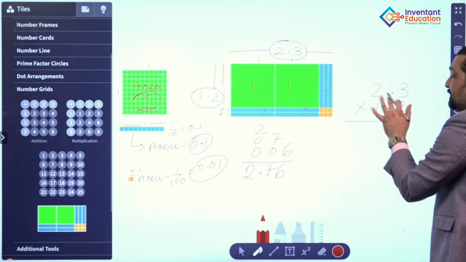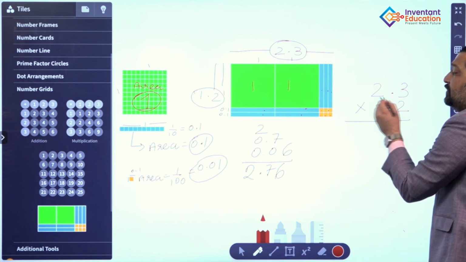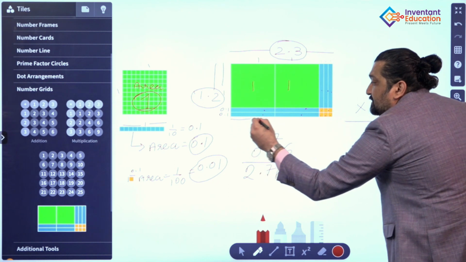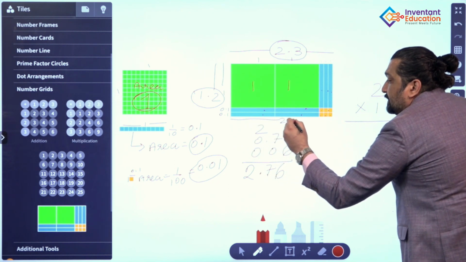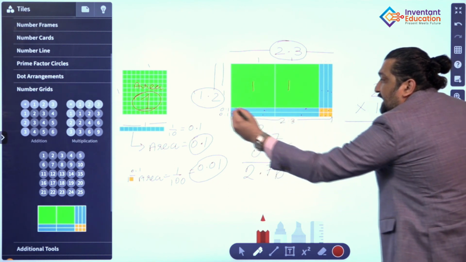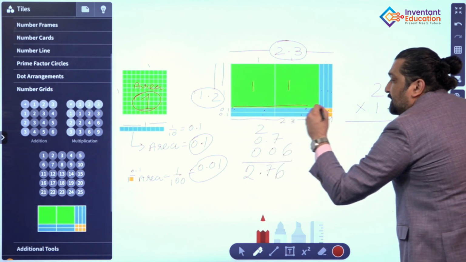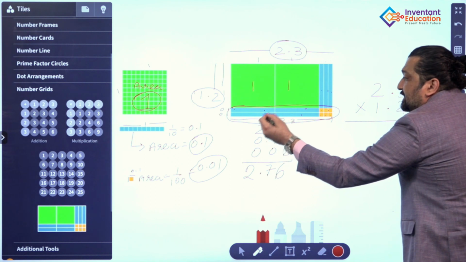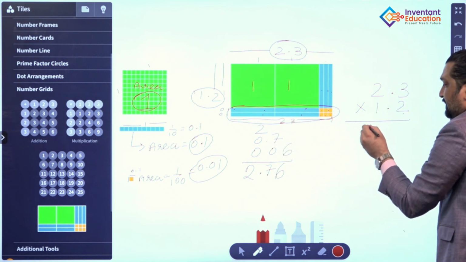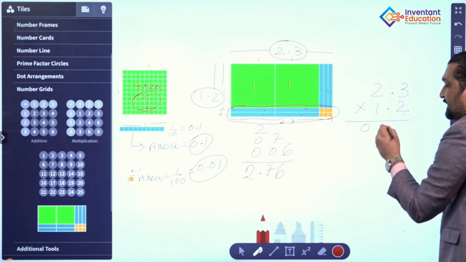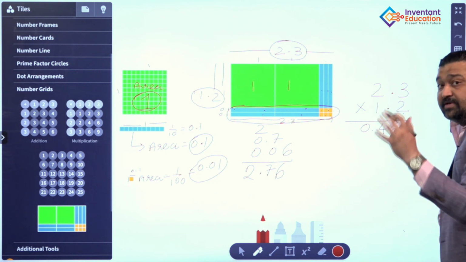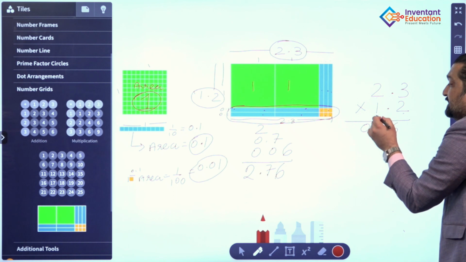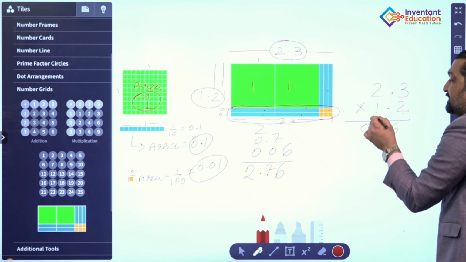So first, it is a multiplication of 2.3 and 0.2. See, this is my 2.3 and here I have 0.2. So how much is this part? This part is 0.46. So I'll write 0.46. Earlier it was not possible, but with manipulatives you can actually see. Now this is the multiplication of 2.3 and 1.